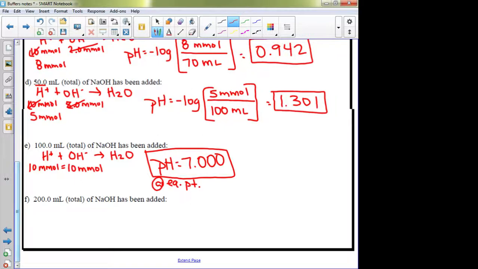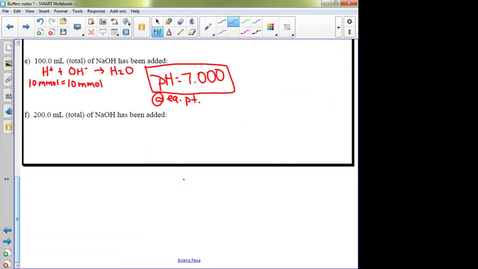And so then, since we added 200 total, I've got my H positive plus my OH negative goes to H2O. I started with 10 millimoles of H positive. Now I've got 200 milliliters of NaOH, so 200 times 0.1 would give me 20 millimoles. So now, who's my limiting reactant? H positive.